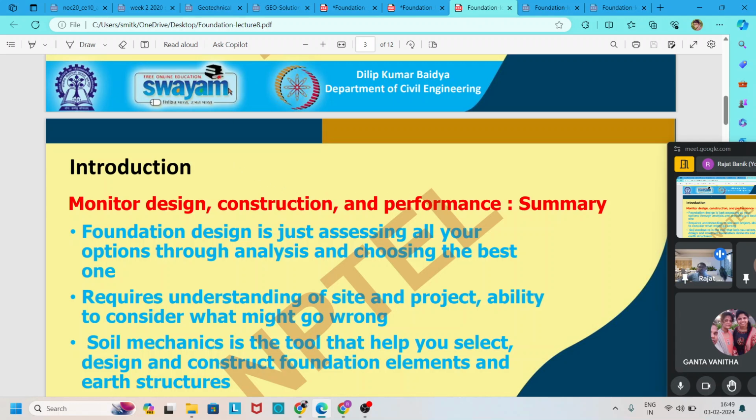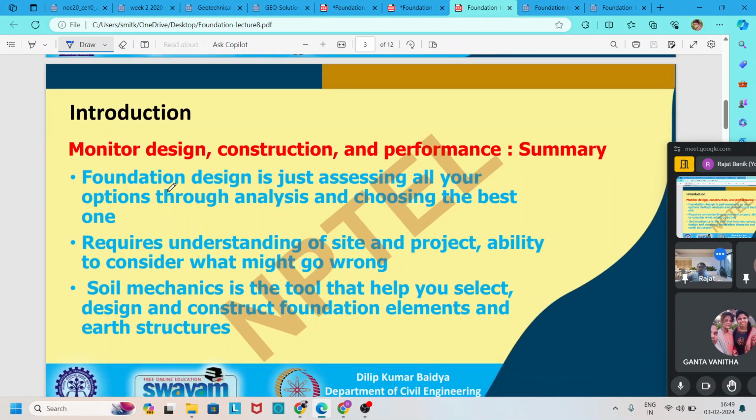It is discussed very briefly here that in monitoring, the foundation is just assessing all your options through the analysis and choosing the best one. That means what foundation types are possible for this type of soil, and which one is best, we have to choose based on our experience or some analysis.